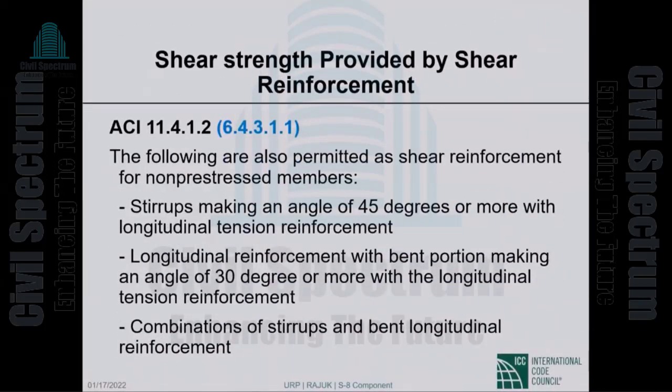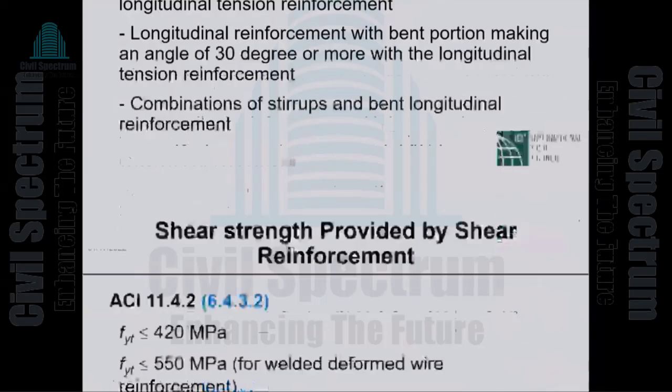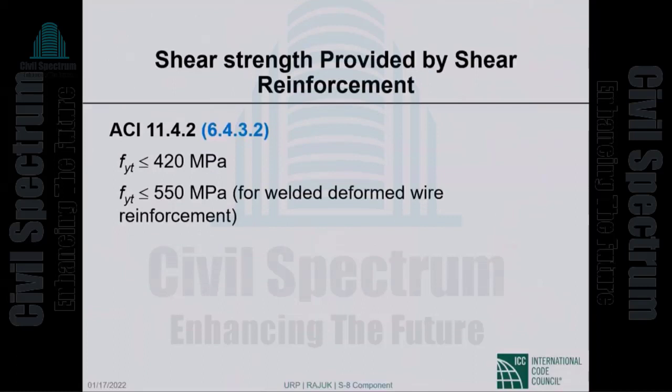And then the following are permitted as shear reinforcement. Stirrups making an angle of 45 degrees or more with longitudinal tension reinforcement. Longitudinal reinforcement with bent portion making an angle of 30 degrees or more with the longitudinal tension reinforcement. Combinations of stirrups and bent longitudinal reinforcement. Some of this stuff I don't want to spend time discussing.